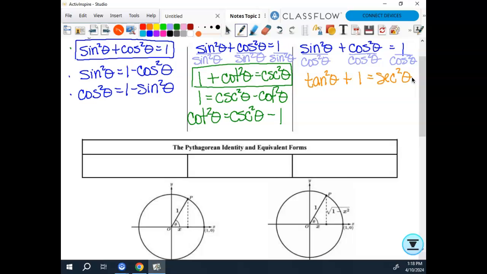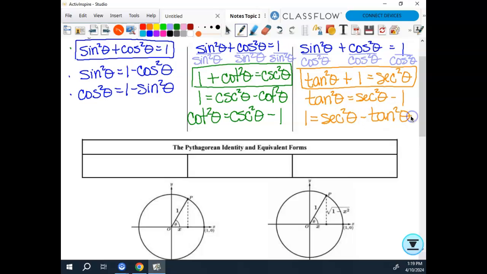All right. What do you think? Is that what you got? See how that works? All right, so then we're going to box this one. Then we could say that tangent squared theta equals secant squared theta minus 1, or that 1 equals secant squared theta minus tangent squared theta.